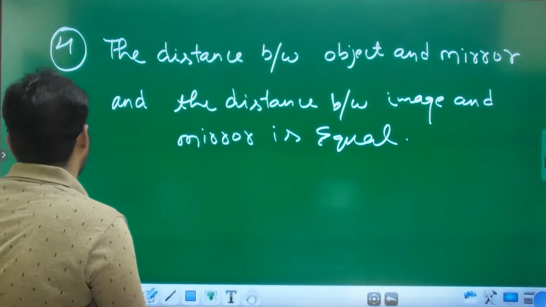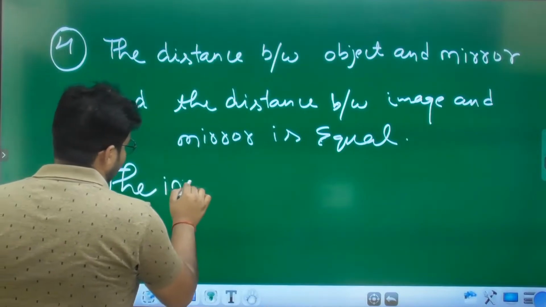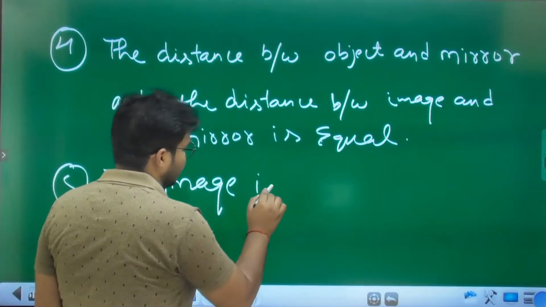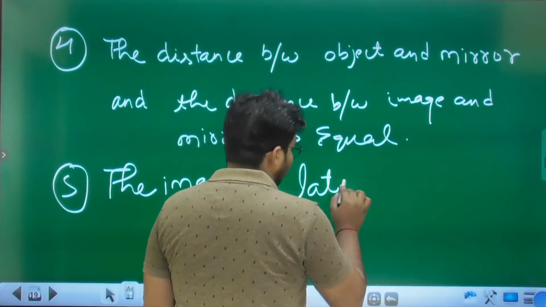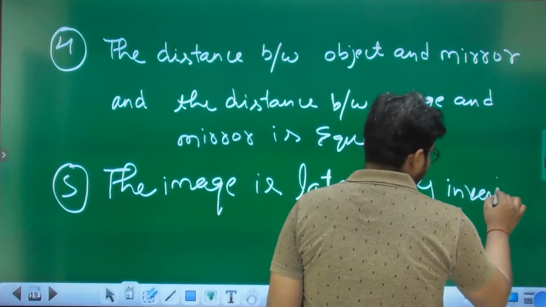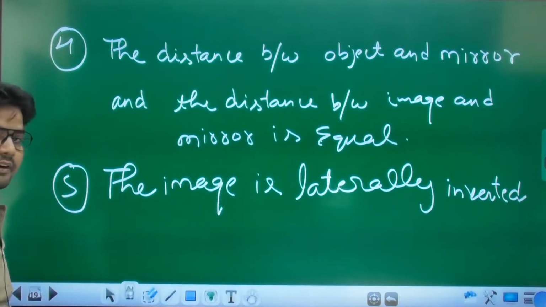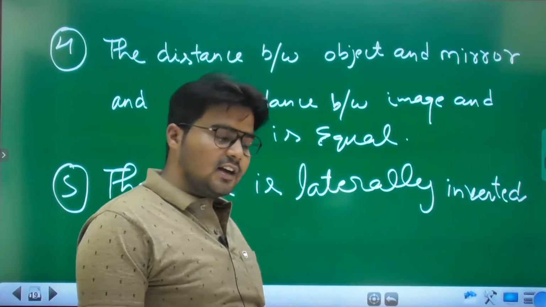Clear? And the fifth condition is that the image is laterally inverted. Clear? So the image is laterally inverted. What is the meaning of this statement?